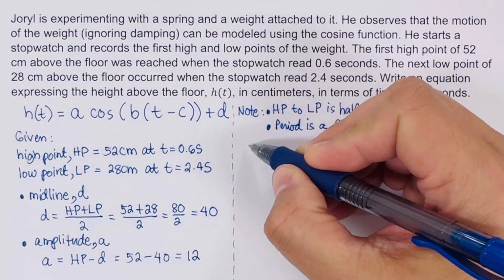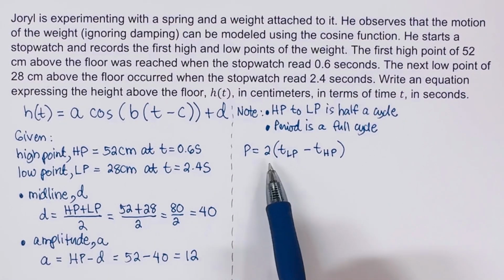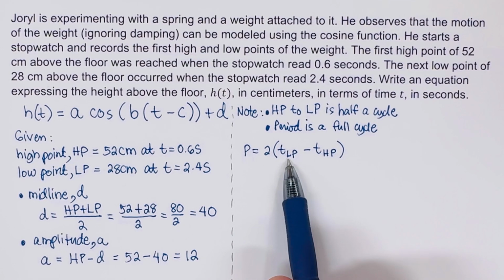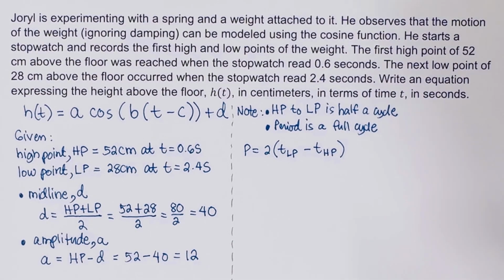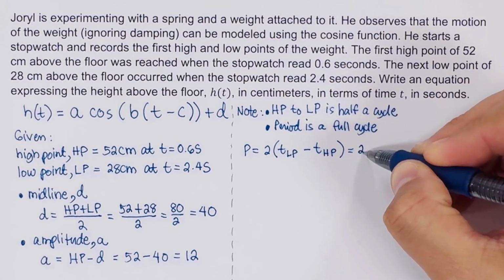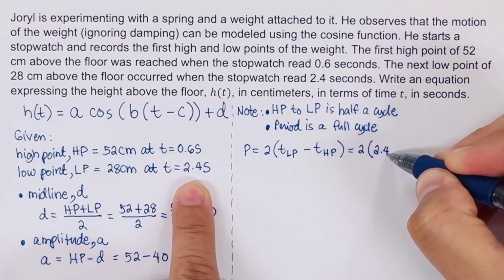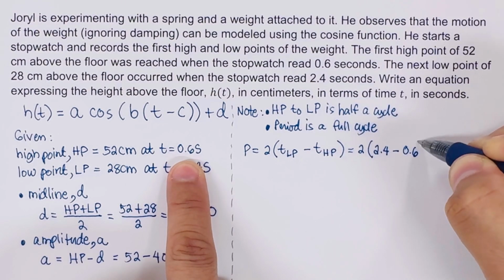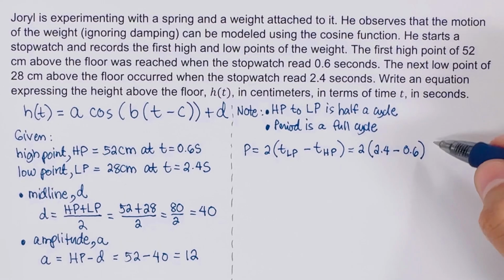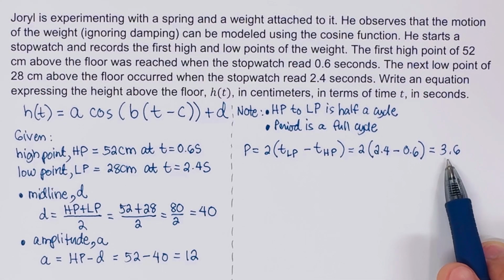So the formula for period would be: period is equal to twice the time at the lowest point minus the time at the highest point. So we go ahead and plug in the values here. 2 times the time at the lowest point, 2.4, minus the time at the highest point, 0.6. And we go ahead and do the math here. So our period is 3.6.